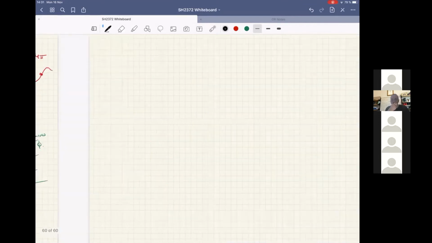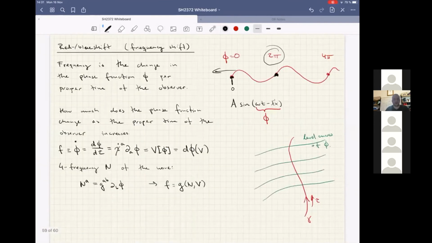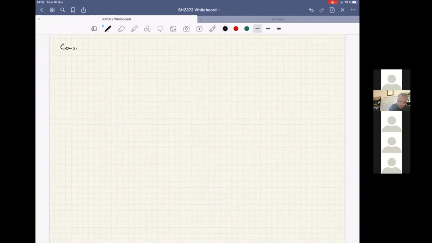Now the question is, what happens when we make this wave? So I didn't really require anything from the phase function so far. But what I want to do now is to consider light-like phase functions.